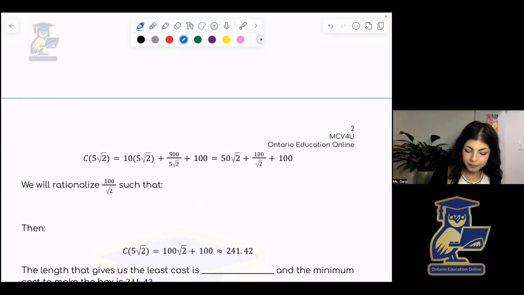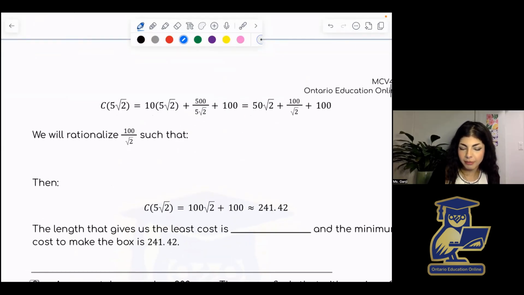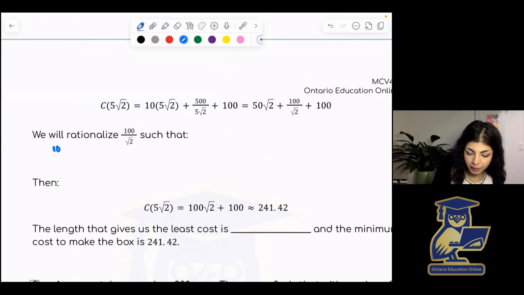So this is just to show you a bit of mental math, or using mathematical knowledge, to be able to solve expressions without a calculator. So here we are just multiplying by square root of 2 over square root of 2, and this will give you 100 square root of 2 over 2, which is 50 square root of 2.